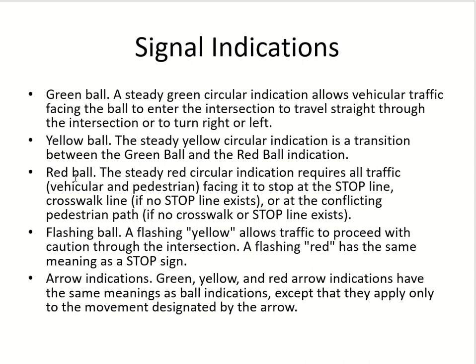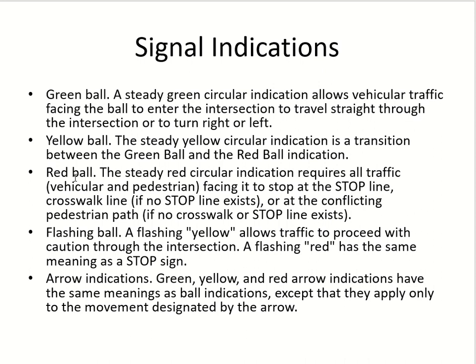Then we have some signals which have the same lights, red, yellow, green, but these are not just lights. Within the light we have an arrow sign as well. So the arrow indication means what? The arrow indications are indicating the direction for which the signal has become green or yellow or red.